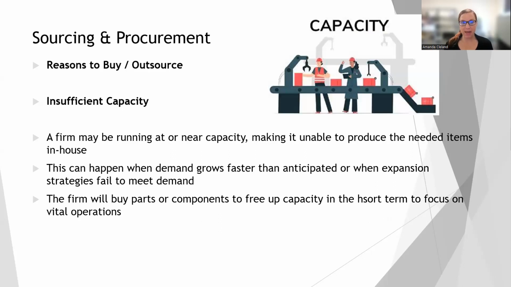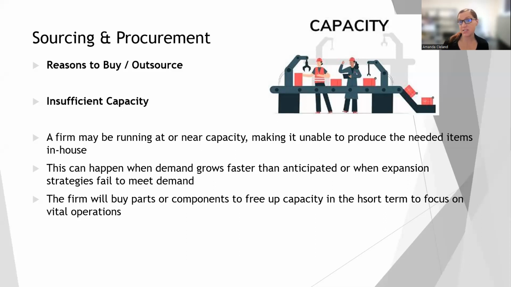So insufficient capacity. Our business may be running at or near capacity, and we're unable to produce the necessary additional items in-house. This can happen a lot of times if demand grows a lot faster than we anticipate. Our forecast was a little low and demand is much higher than we expected, or if we're deciding to expand and we're not doing it fast enough.